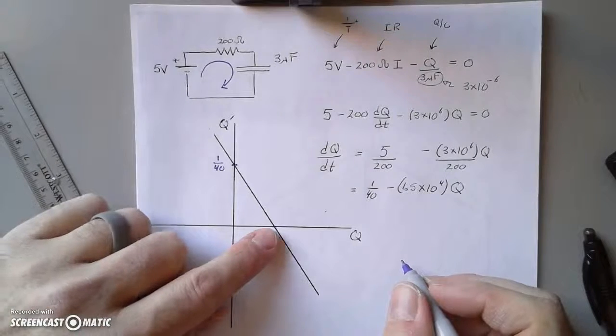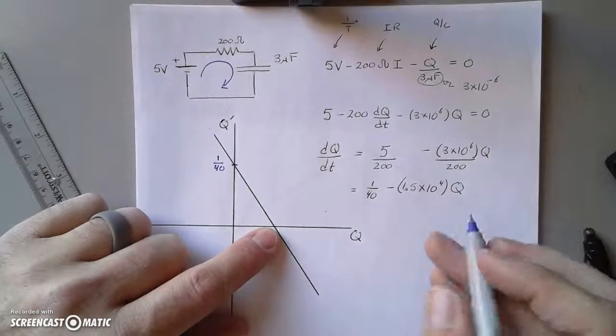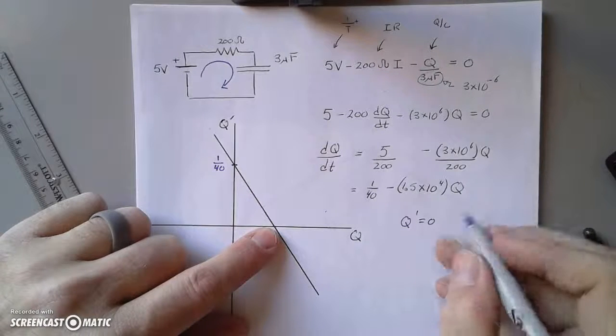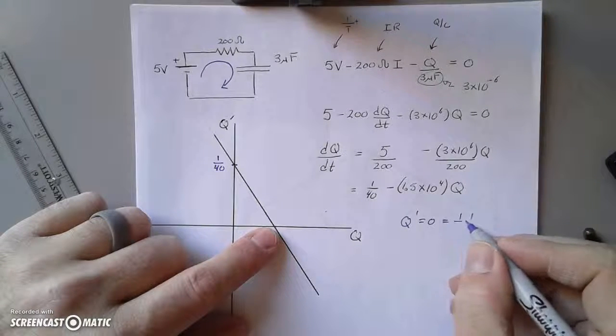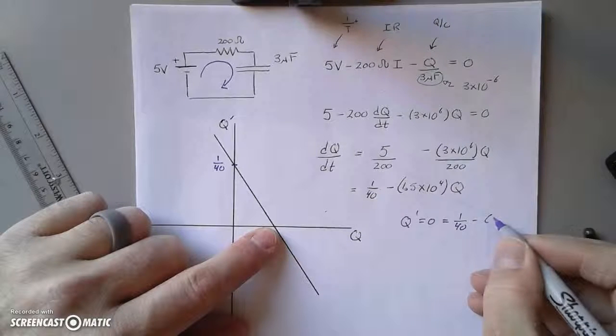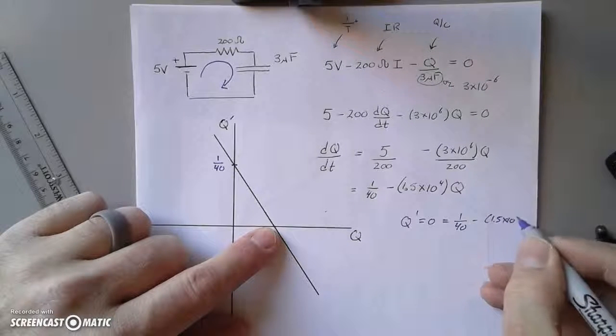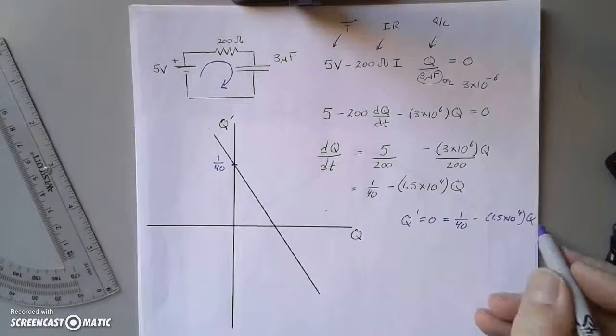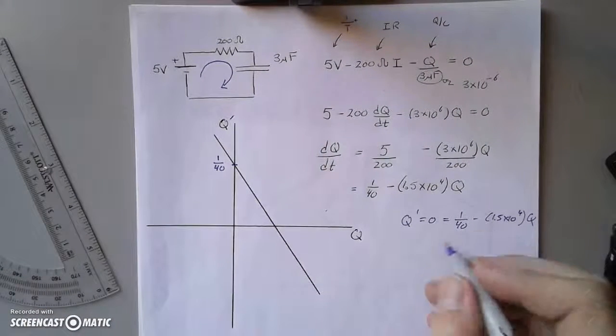And then we can find what this equilibrium has to be. That's when Q prime is 0, or when you have 0 equals 1 over 40 minus the 1.5 times 10 to the 4 Q. So let's move this stuff over and then divide.